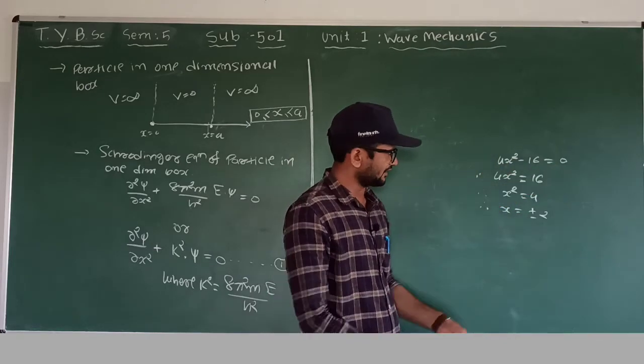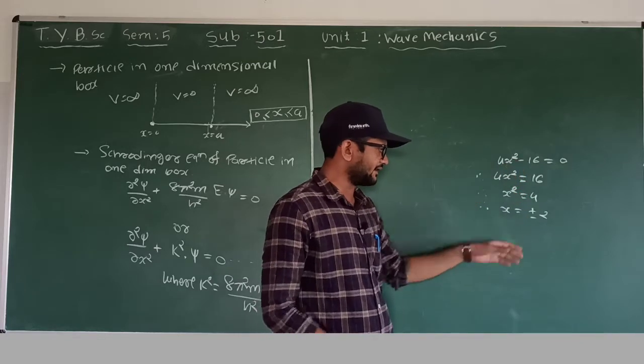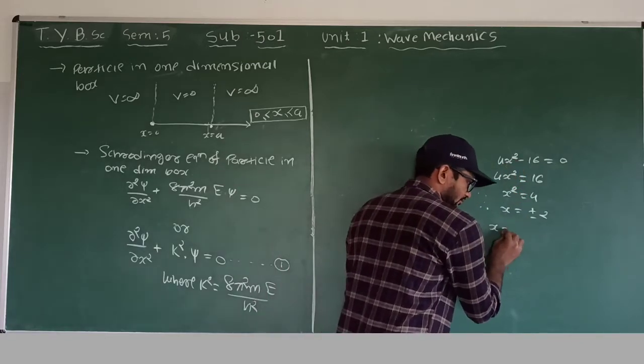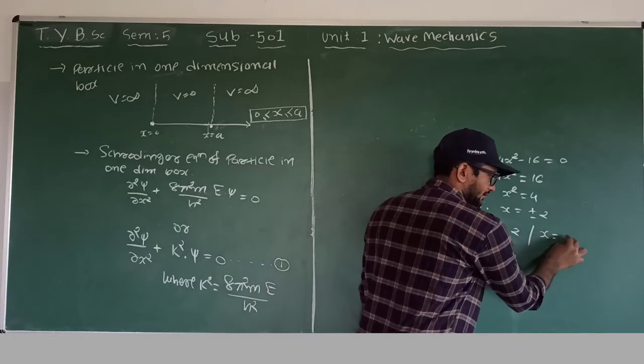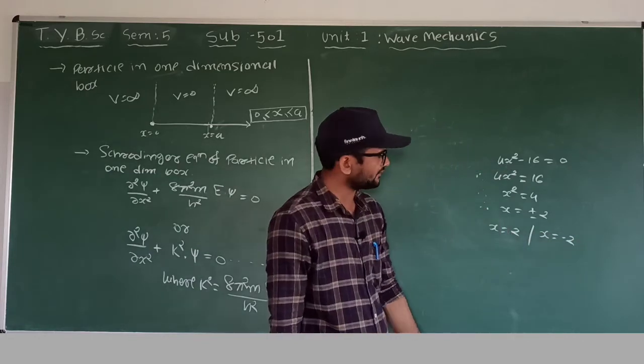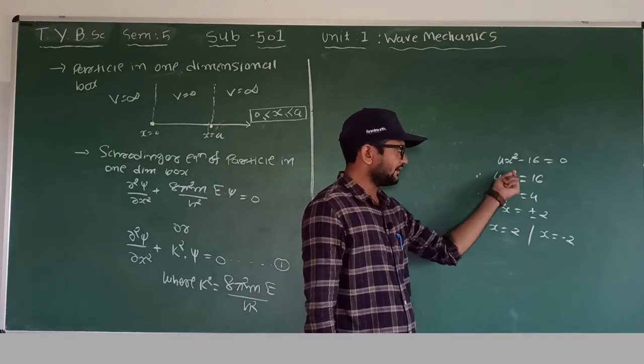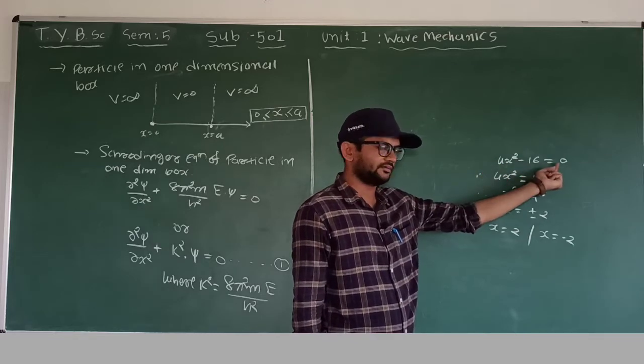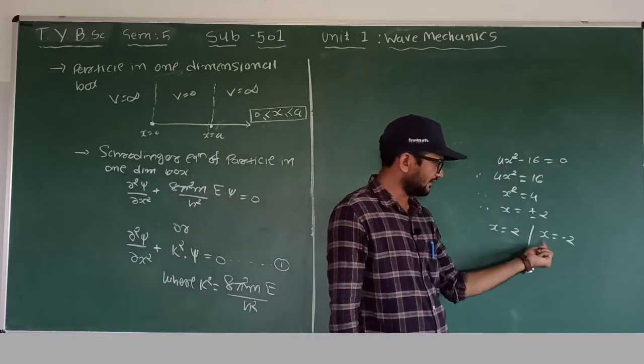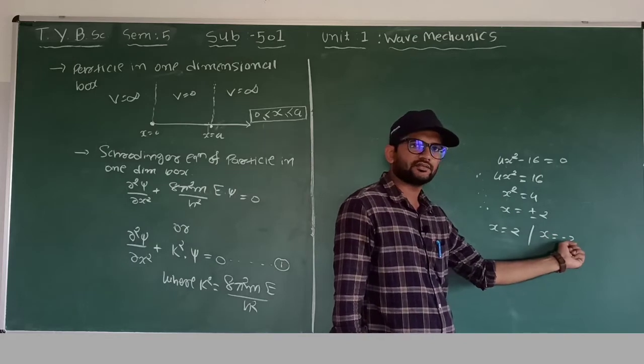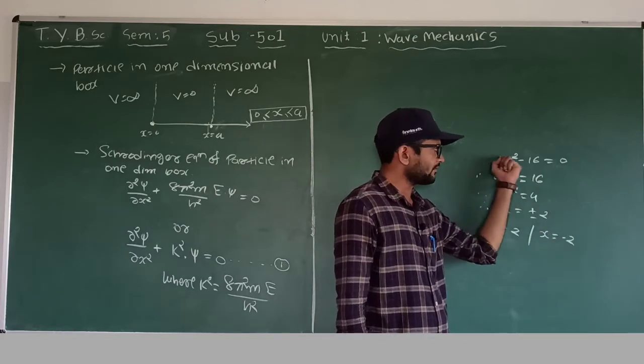It means the general solution of this equation is x is equal to 2 or x is equal to minus 2. If you put x equal to 2, it satisfies this condition, and if you put x equal to minus 2, it also satisfies this condition.